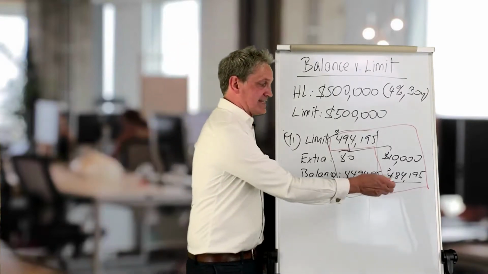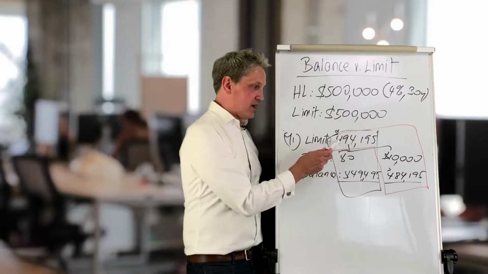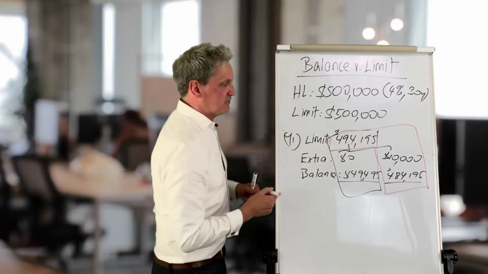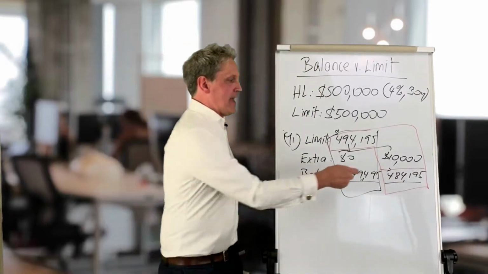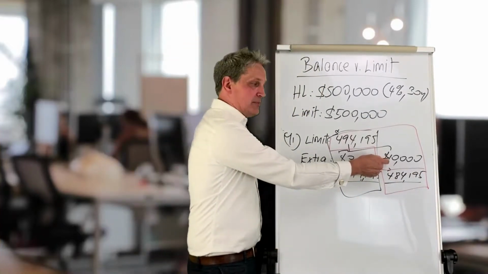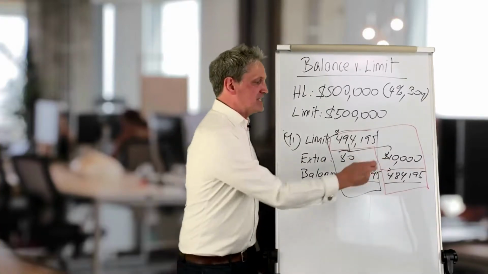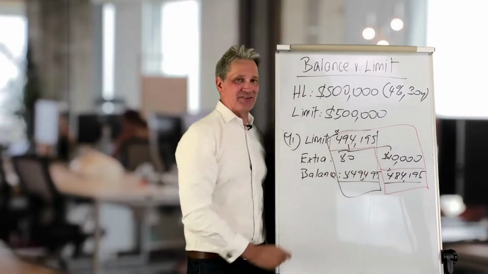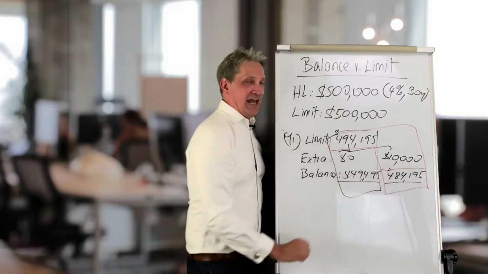Are you refinancing at $484 or are you refinancing at $494? Why is it important? Because if you refinance at $484, that $10,000 in extra repayments, which are normally available to you, would then be gone, because it basically means you've paid down the loan by an extra $10,000. So you restart the new loan at $484.